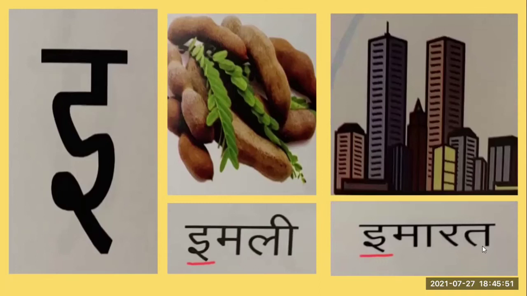After E comes the next letter. If you see this letter, it has a big curved horn above it.